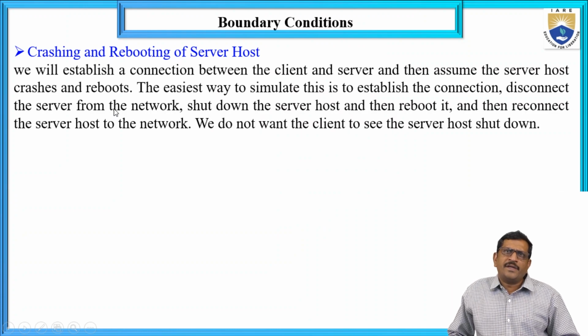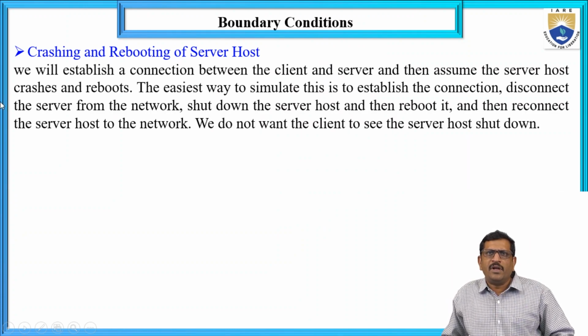Here is crashing and rebooting of a server host. Generally, we establish a connection between the client and the server, and then assume that the server host crashes, and once it crashes, it automatically reboots. The easiest way to simulate this is to establish the connection and disconnect the server from the network.